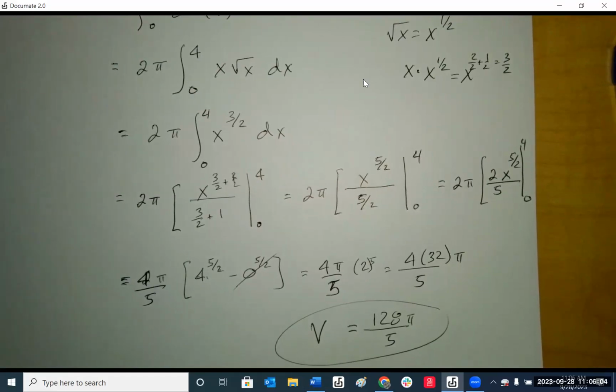Is this easier than the last section? I think so, because we only have one rule. I mean, this is it. But things change. What if we integrate with respect to the y-axis instead of the x-axis?